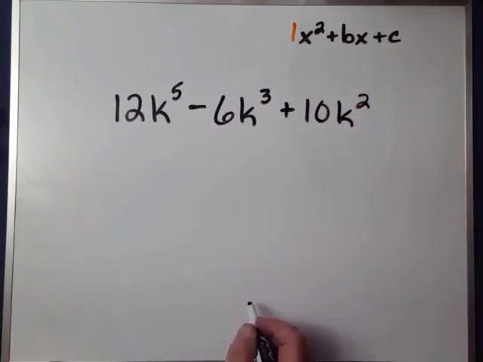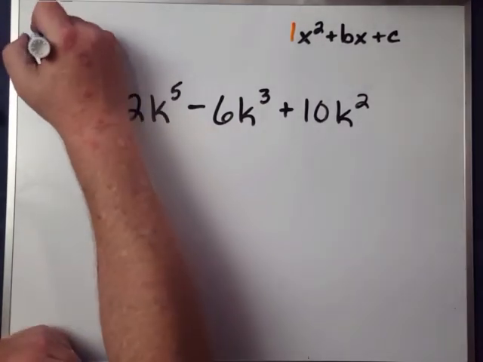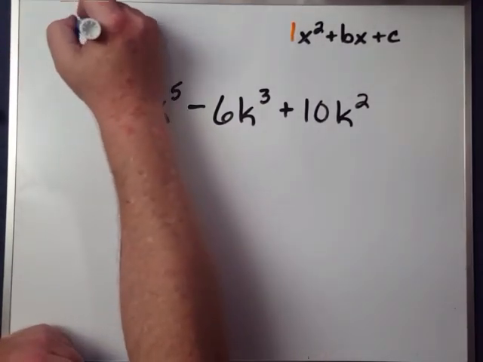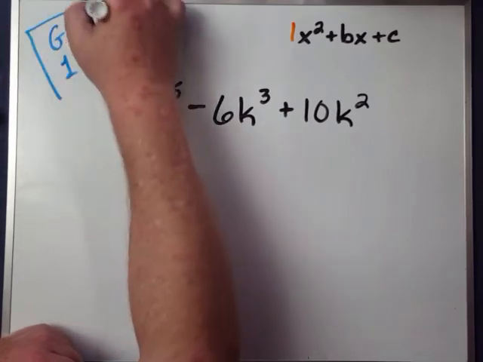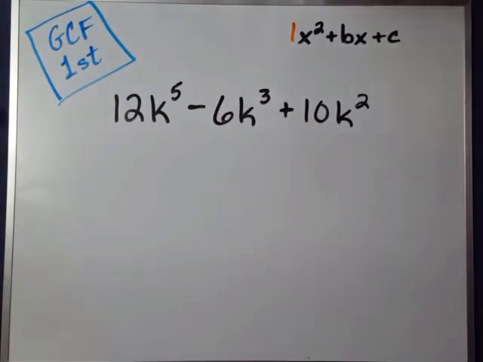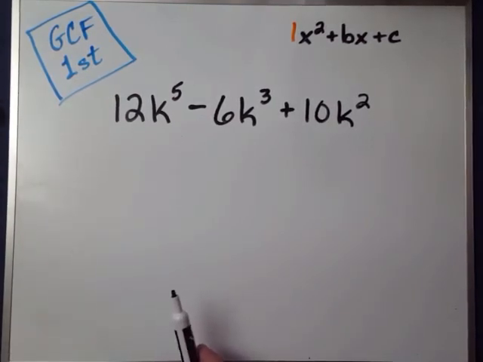First things first. Always, always, always check for a greatest common factor. Okay? That should be somewhere in your notes highlighted. Greatest common factor first. In any factoring problem, we will always check for a greatest common factor first.